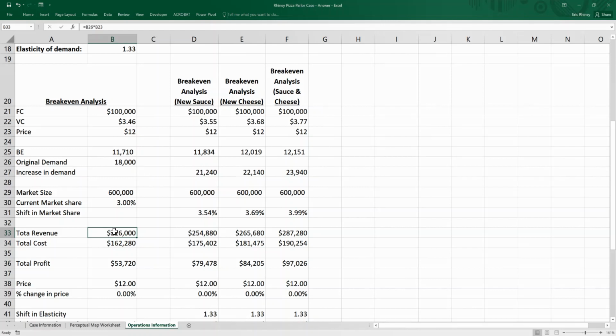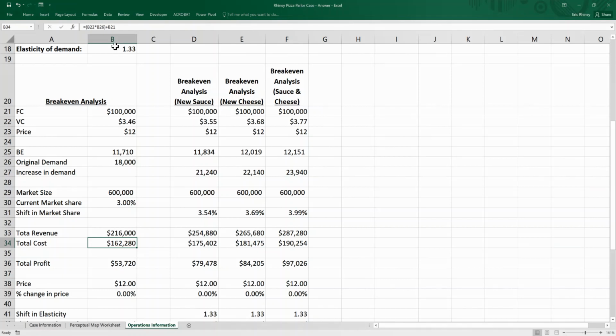That gives us our total revenue. Then we're looking at our total cost, which is going to be the 100,000 plus the variable cost times the number of pizzas that we're selling, and that gives us 162,280 for a total profit of 53,720. All right, so that is the initial break-even analysis.